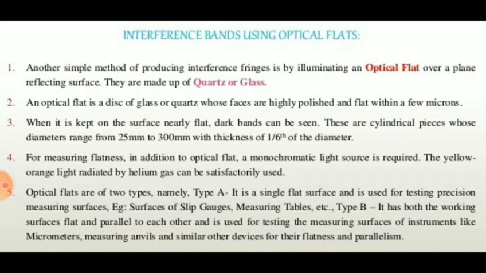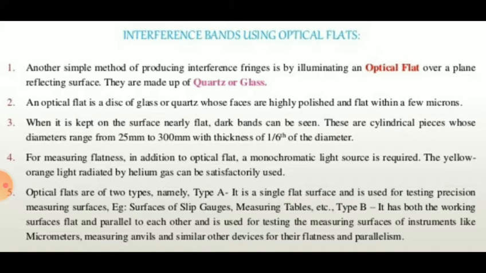They are made of transparent material such as quartz, glass, sapphire, etc. Optical flats made of quartz are more commonly used because of its hardness, low coefficient of expansion, and resistance to corrosion. One or both surfaces of optical flats may be highly polished.